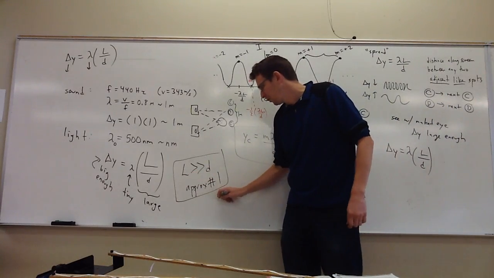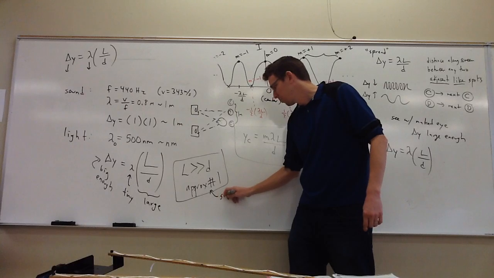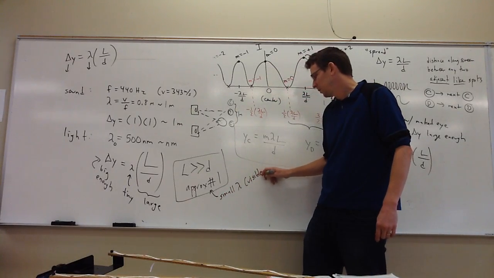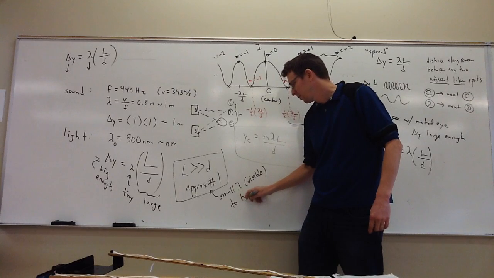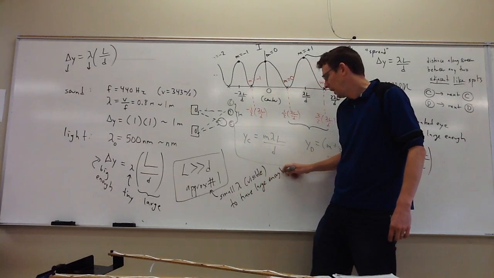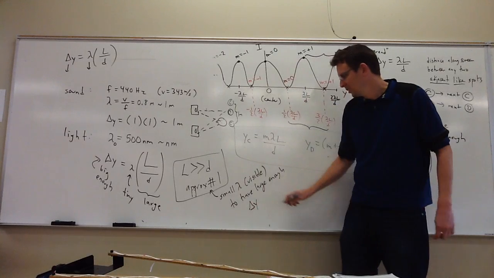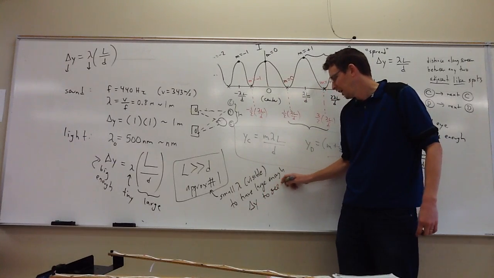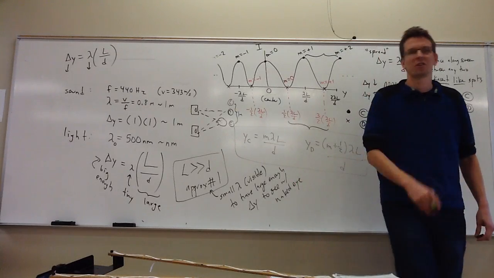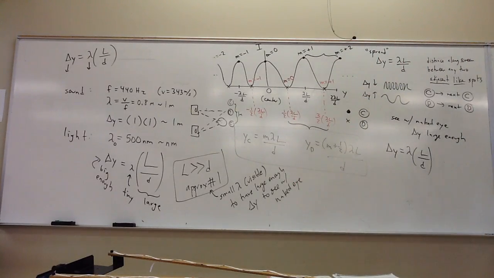So this allows a very small wavelength, which is visible light, to have a large enough delta y to see with the naked eye, without any special instrumentation to be able to tell that there are constructives and destructives in there.